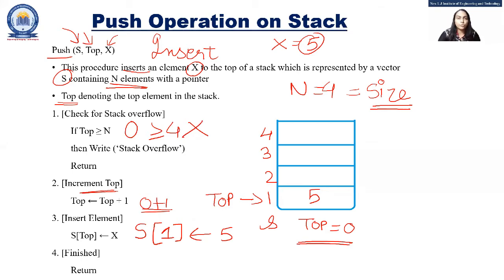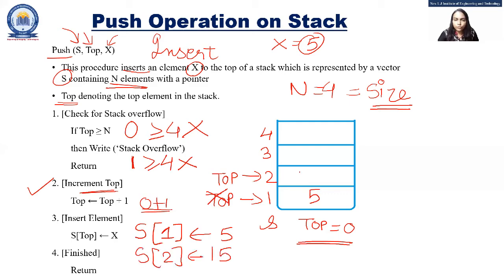Now if we want to insert one more element, the overflow condition is checked again. This time top is at 1, but 1 is not greater than or equal to 4, so we can increment top. Our top is now at 2, and S of 2 would be, for example, 15. Repeating it a third time, top is at 2.